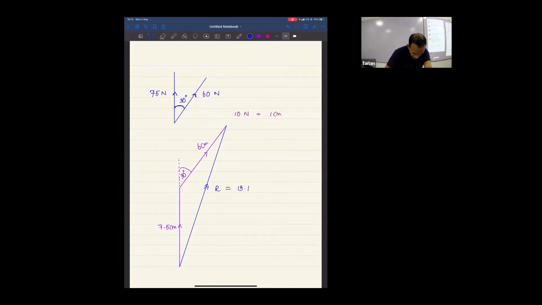Okay, 13.1 centimeters, let's say. Okay, you stick to your value. So if it is 13.1 centimeters, the resultant is going to be 131 newtons because 1 centimeter is representing 10 newtons. Correct. Stick to it.